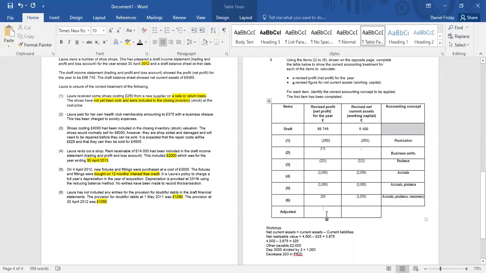So type them in your calculator, and you should get, for the first one, £65,745, and for the second one, it should now be a negative 1,136. So that just means that the current liabilities are bigger than the current assets by £1,136.